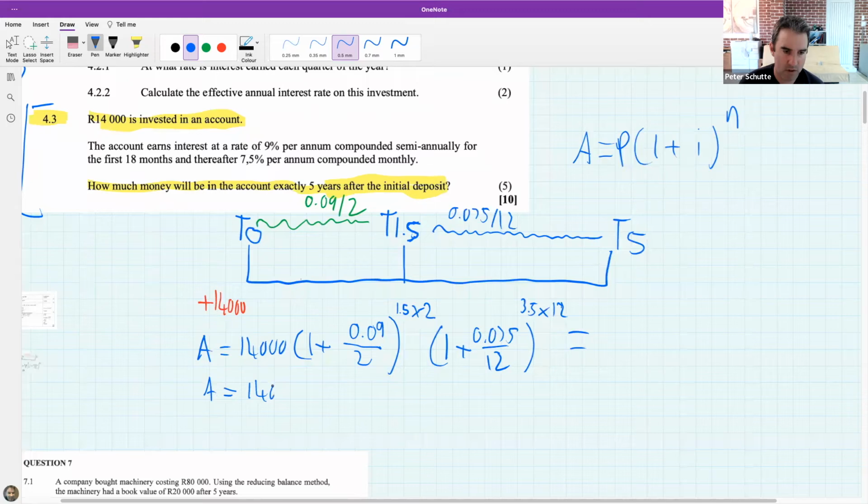I mean, that's the same as saying this. 42. Yeah.